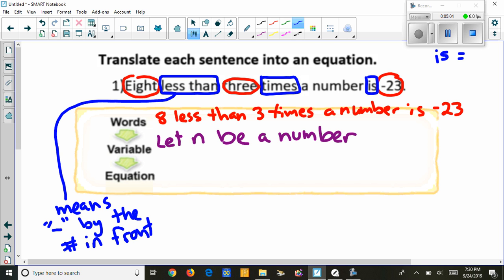The 8 is being subtracted away from the next part of our statement that says 3 times a number. 3 times a number looks like 3 times n, or 3n. 8 less than is -8. Is the equal sign, -23.